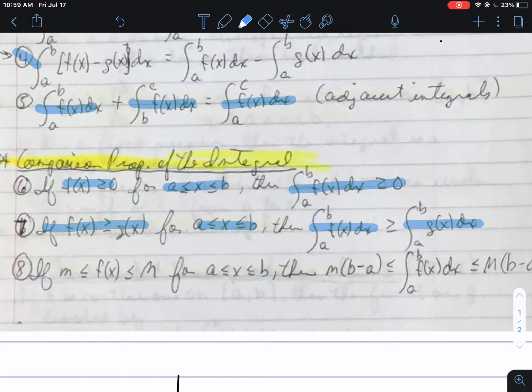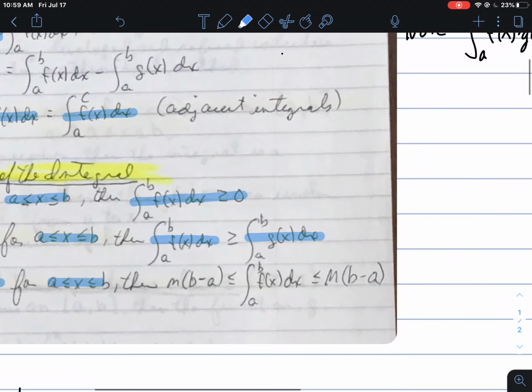The last one, number 8: if I have a function f that lies between two constants, call them little m and big M. So I have a constant little m where my function value for f is always larger than that, but it's always smaller than the constant big M across our interval from a to b.